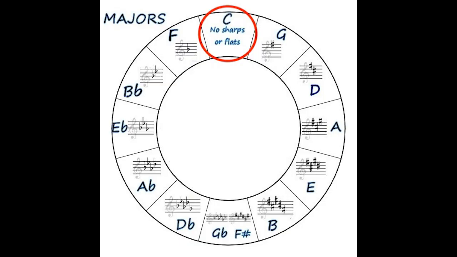Let's now take a look at the circle of fifths and what it is showing. For our purposes in this video, let's only focus on the number of sharps and flats within each scale. Notice at the top, it's the C major scale we have discussed a couple times already. It contains no sharps or flats. Let's first move around the scale to the right, clockwise.